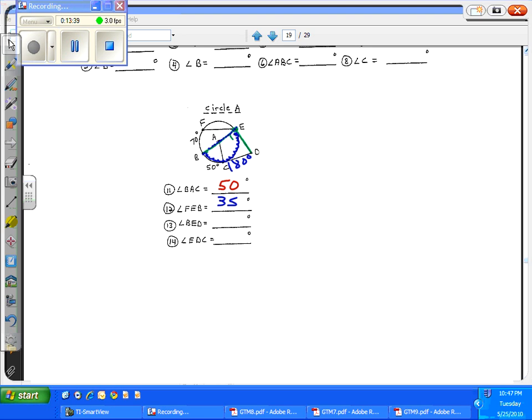Half of 180 is 90, so angle BED must be 90 degrees. The vertex is on the circle. It's half the arc. The arc it hit was a semicircle. We knew that because BE was a diameter, which would cut the circle in half. Half of 360 is 180. So the arc is 180. The vertex is on the circle. It's half of that, which is 90. Okay?